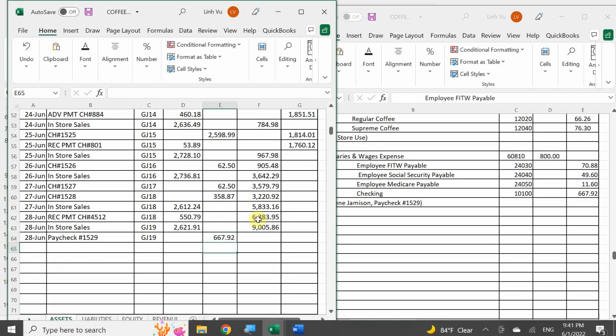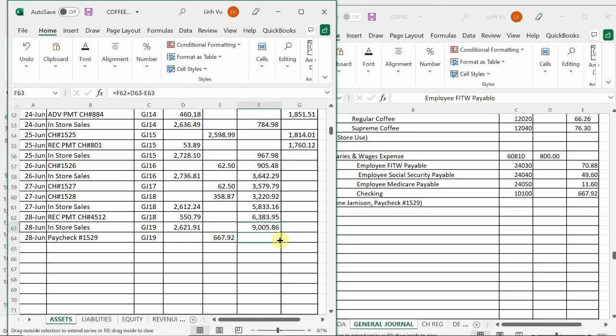So that will definitely decrease your checking account down to $8,337.94. And that is just issuing out her paycheck.